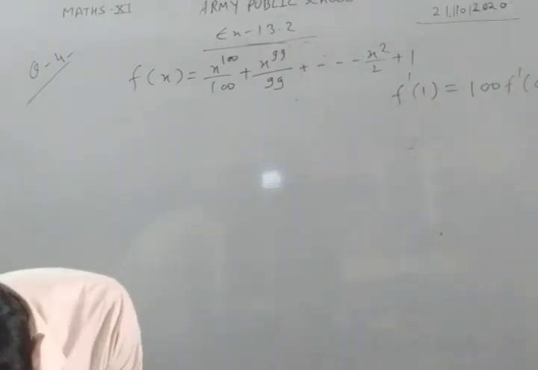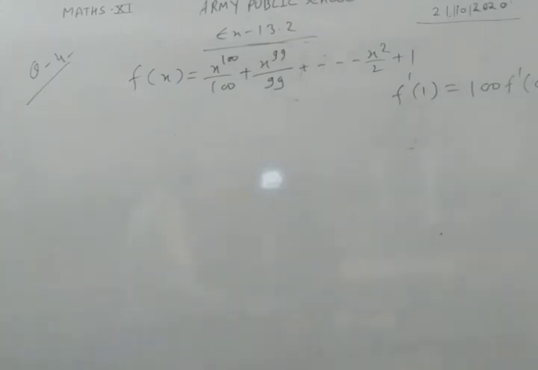Okay, so let's start. First, we will find the differentiation of the function, after that we find f dash 1 and then f dash 0, and we get our result.